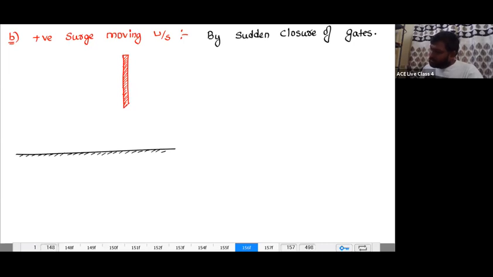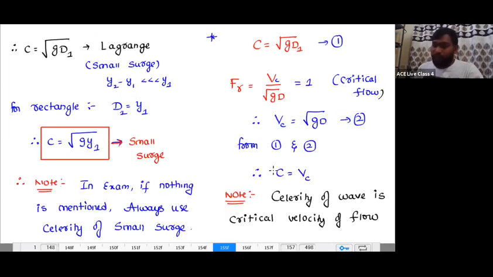So what is the physical significance of the celerity, sir? The physical significance of the celerity is, you see, if I know the celerity, I can say the critical velocity of the flow. If I know the celerity, I can say what is the critical velocity of the flow, and based upon that, if the velocity of the flow is more than celerity, subcritical. If the velocity of the flow is less than celerity, supercritical. Okay.